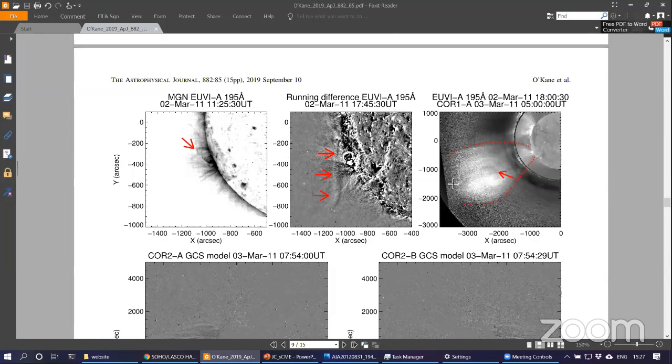Normally we see the reconnection happening very near to the surface of the Sun, but for this kind of event, maybe it is beyond the field of view of the images we have, so we are not seeing it clearly. That's why they emphasize that future UV imagers may have an extended field of view, so such phenomena could be observationally verified.